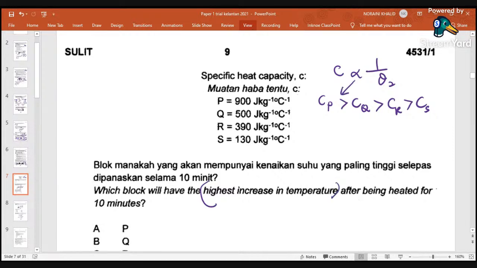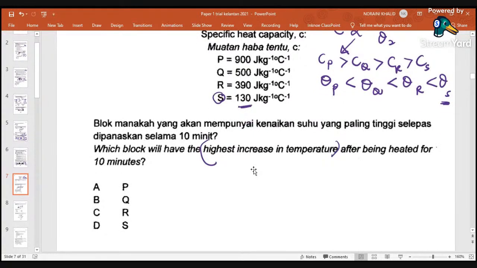So theta for P is less than theta Q, less than theta R, less than theta S. So the highest final temperature will be S. As you can see, smaller specific heat capacity will cause it to heat up faster. Thus, increase in temperature will become faster. So answer is S.